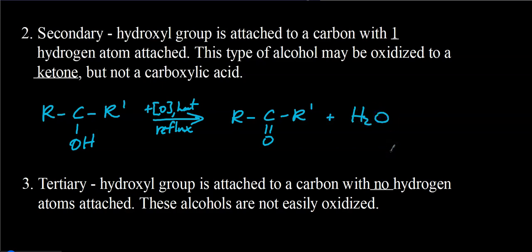So we get a ketone. So in the example in your book, we have 2-propanol, and if we mix that with some potassium dichromate and heat it under reflux, we will oxidize that alcohol to a ketone, in this case, propanone. So same as before, of course, and we get our chromium-3 product if we are using dichromate as an oxidizing agent.